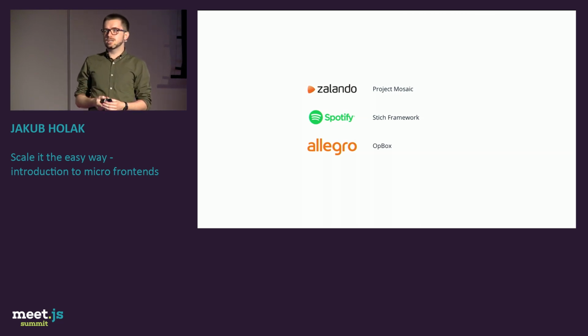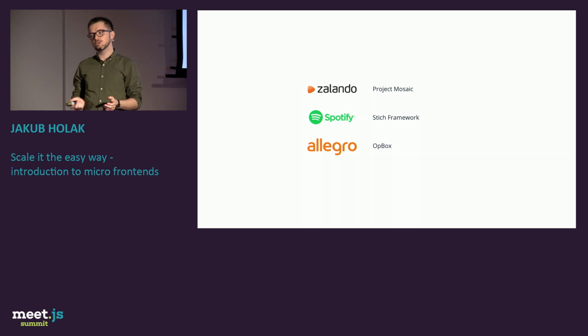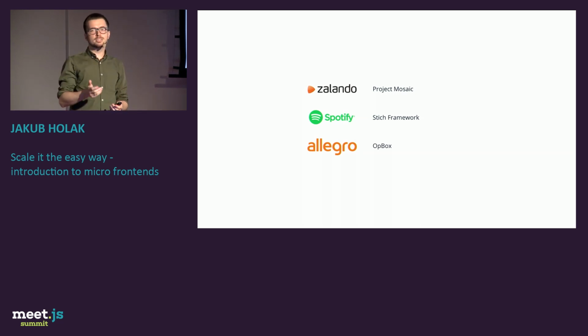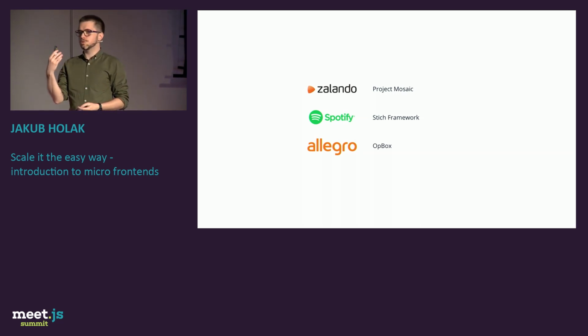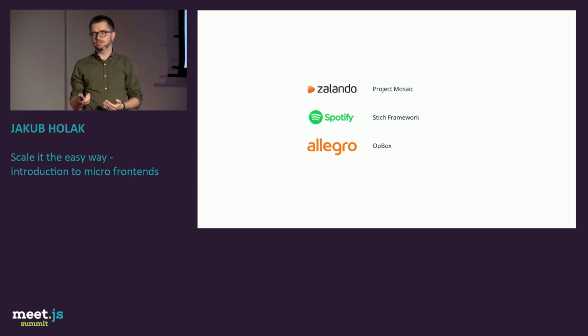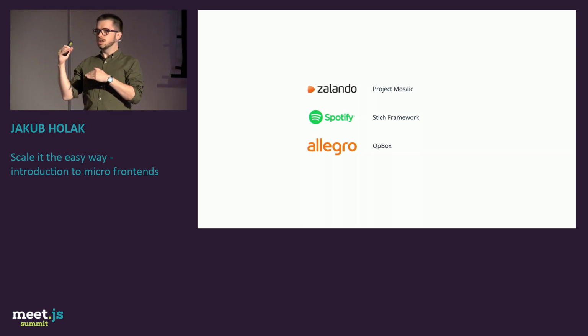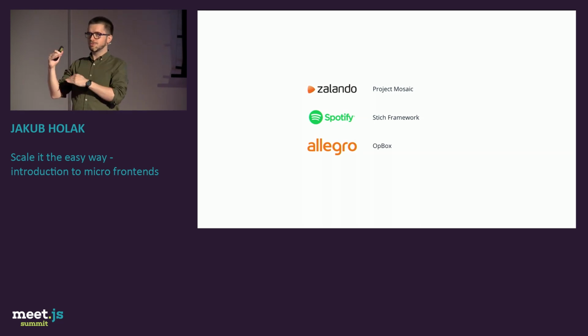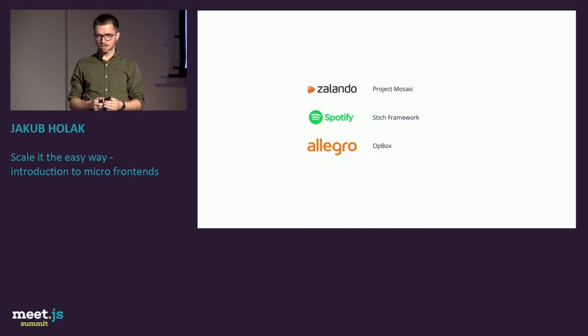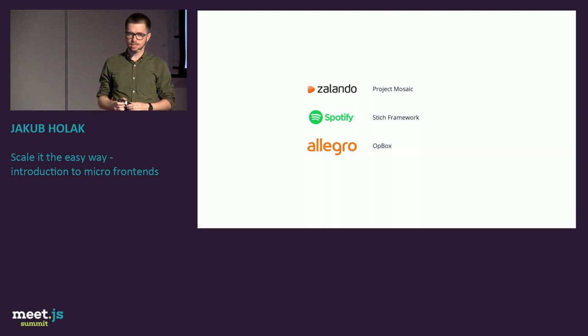Next, Spotify claims to have a so-called Stitch framework. This is not open source, unfortunately, but they say that the Spotify application is actually built from separate views, all the views are put in iframes, and the iframes communicate with each other using this Stitch framework.